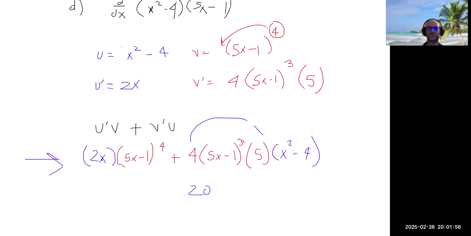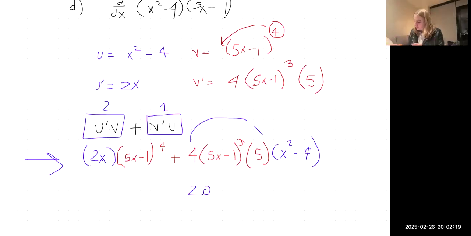He has this in a different order because he did these two first and then these two second, so that's why his answer looks different. He's multiplying this 4 times this 5.